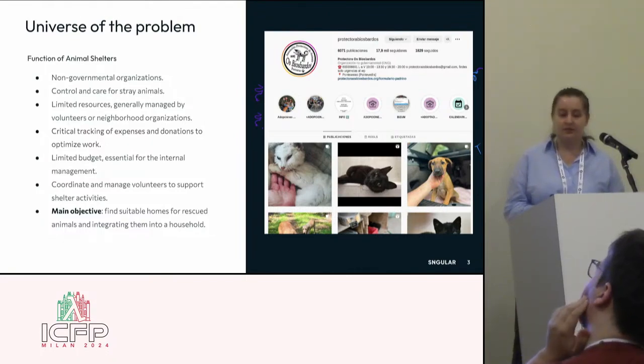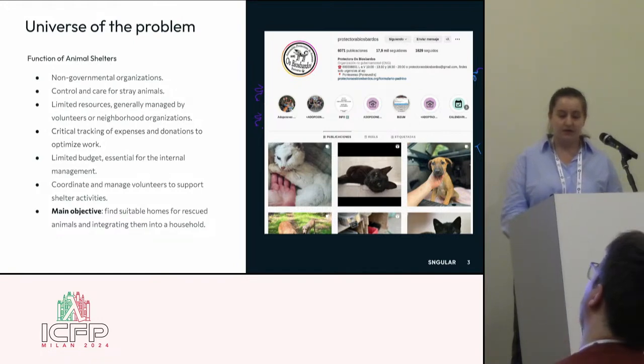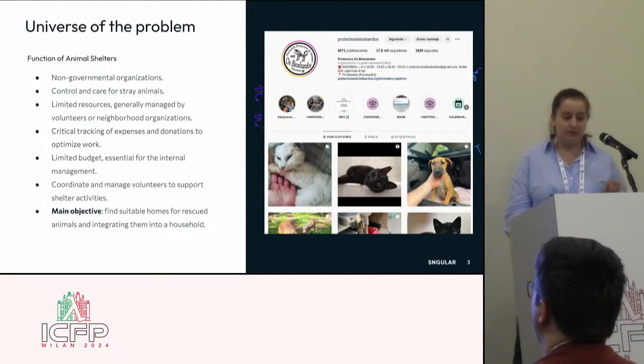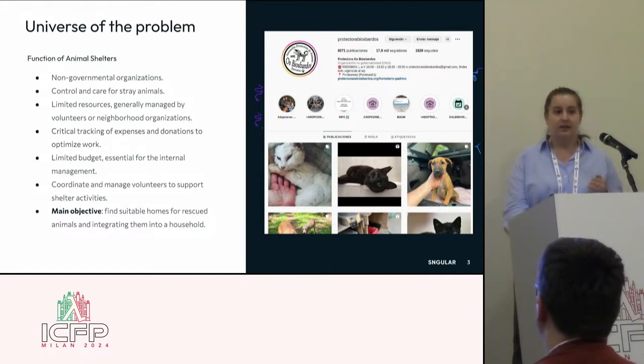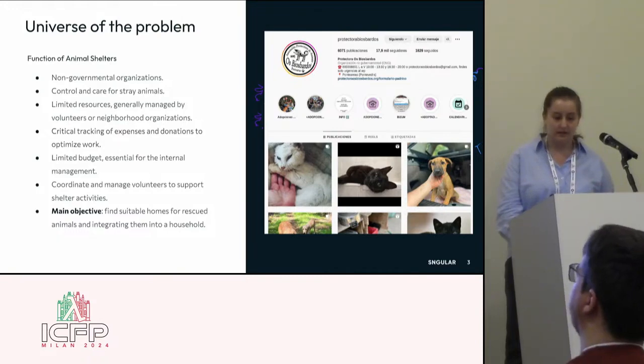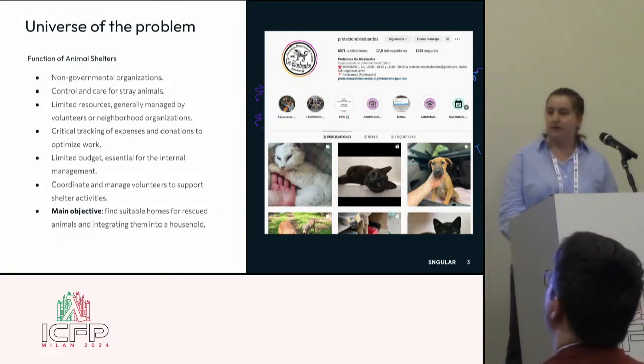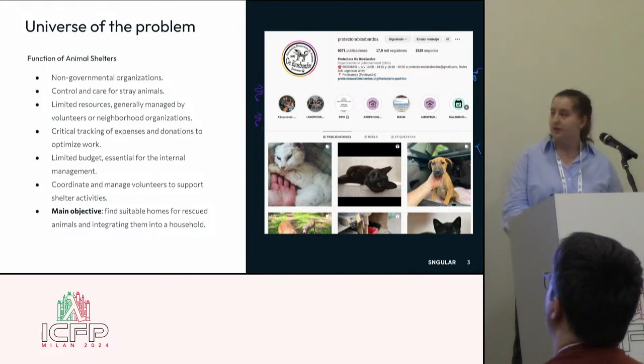They need to have a lot of information related to different movements, and one of the more important things is that these organizations are run by volunteers and different people that may change a lot over time. So coordinating all the movements, all the adoptions, all the animals is really difficult, and they have experienced a lot of challenges doing it.